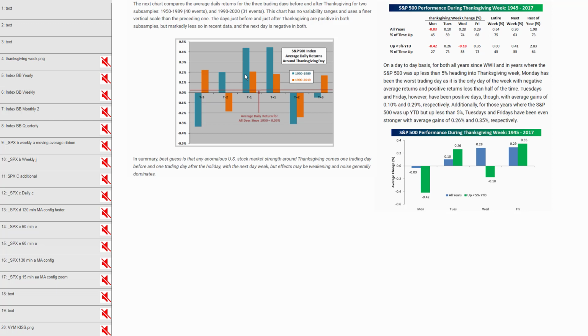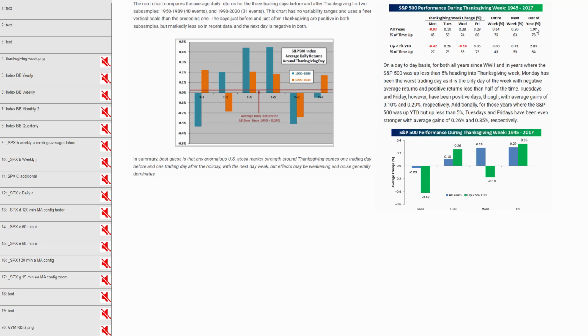Your up days are usually the day before, day after Thanksgiving, and then the in orange here is from 1990, and Monday is actually up. So again, stats, take it with a grain of salt. They can do anything you want. Monday can be historically weak, but it can also be up.